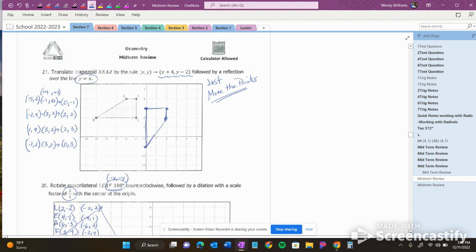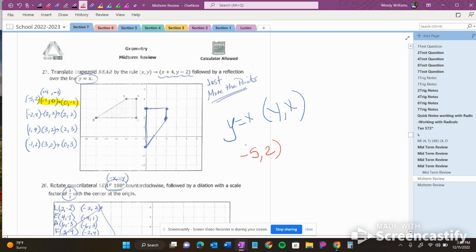Okay, add 4, and then the rule is y equals x. You just switch. So over here, I've added the 4, subtracted the 2, and then I just switched the coordinates. I'll do one with you.